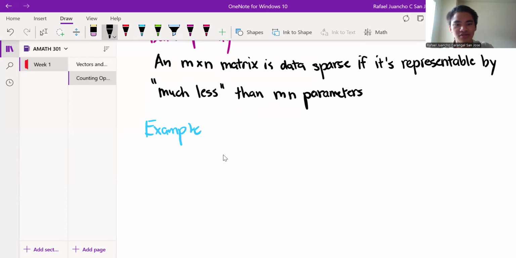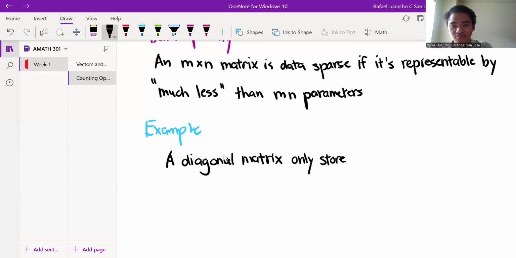So an example, okay, let's make it clear with an example. Let's say a diagonal matrix. This is an example, right? And it only stores the values in the diagonal, right?